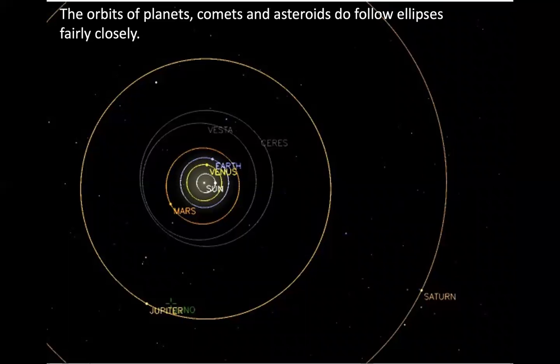The other thing you will notice about Mars, and also Ceres to an extent, is that the sun is not located at the center of that ellipse. Notice it's getting further from the sun here than it is here. So the sun is not located at the center of the ellipse.